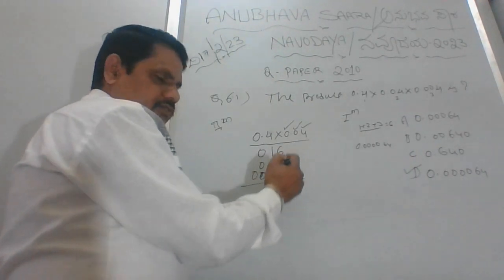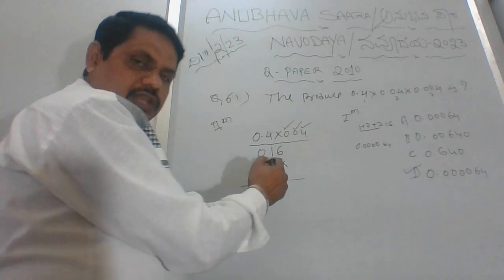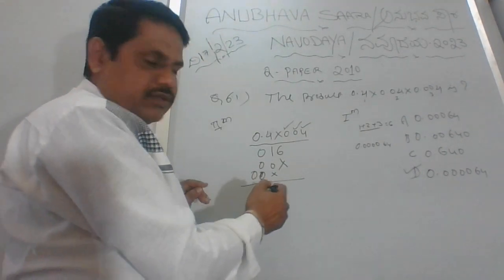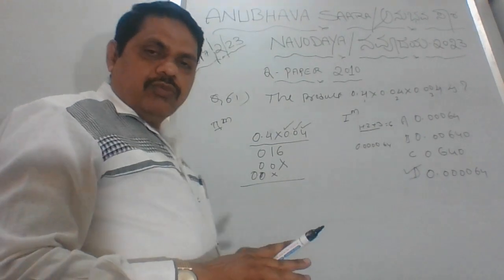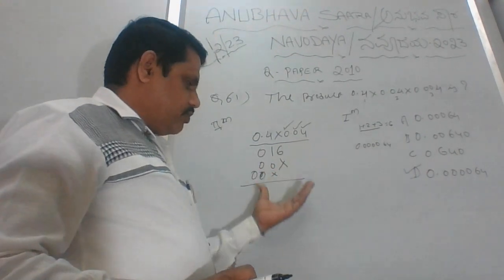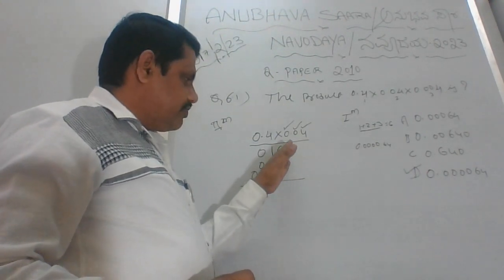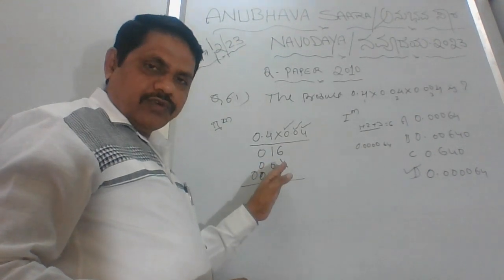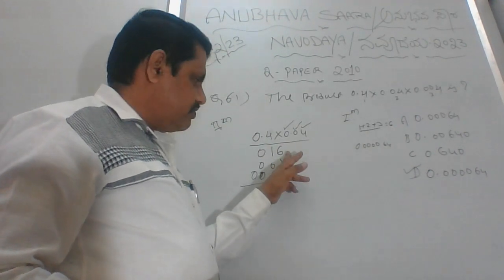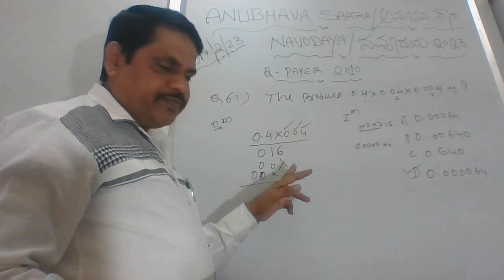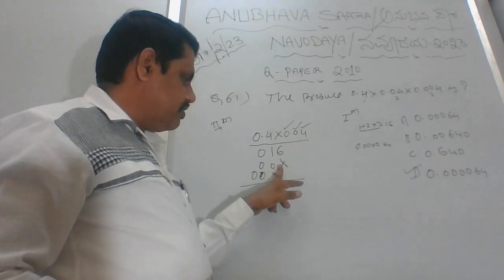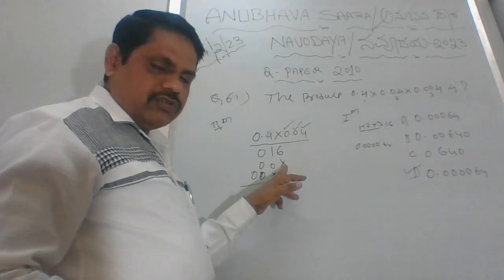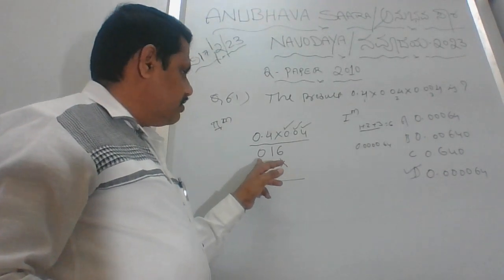So I hope you know why we are leaving one space and going to the next digit. The rule in mathematics is that we have to start from the next number. For the first digit, we have not left anything. For the second digit we have left one space. So I am not doing anything here, I will start from here.